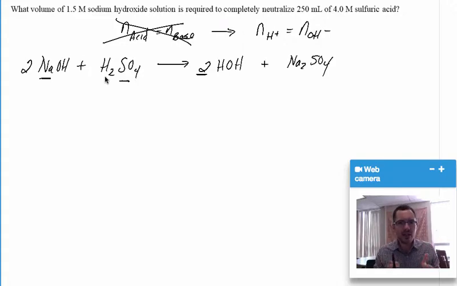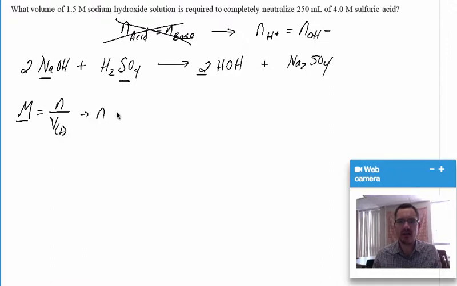So what we need to determine first is: do we know the number of moles of acid, or the number of moles of protons? Do we know the number of moles of hydroxides? And if we look, we do know the number of moles of acid because I have a concentration and a volume. I know that molarity is equal to the number of moles over the volume in liters.